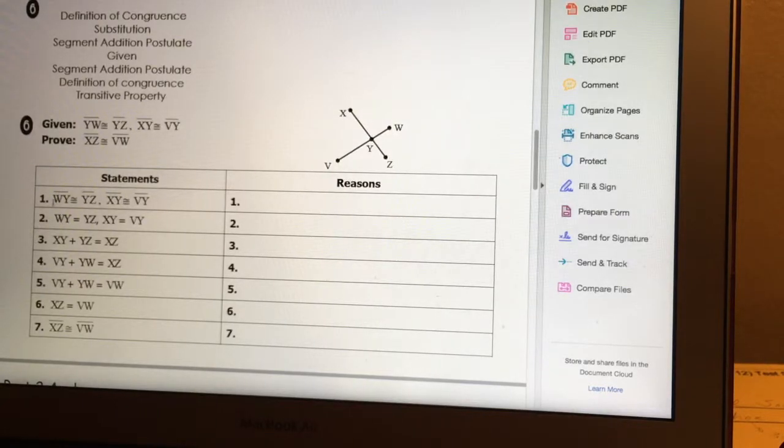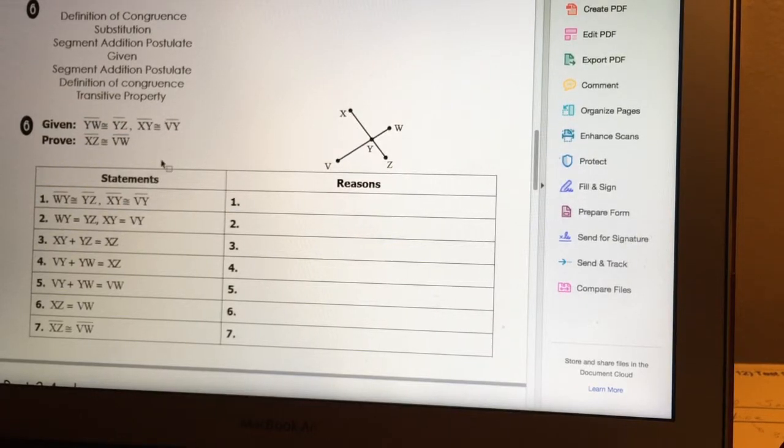So notice wy equals yz and xy equals vy. Technically that's a mistake. It should have said yw instead of wy right here. That was just a mistake. So that should be YW. So the first reason that we were able to say this is because it was given to us.